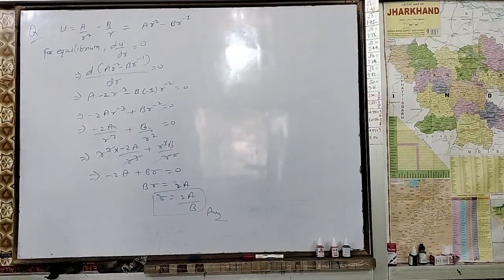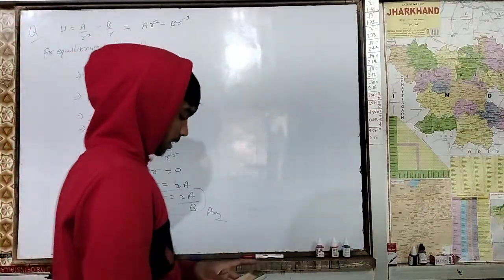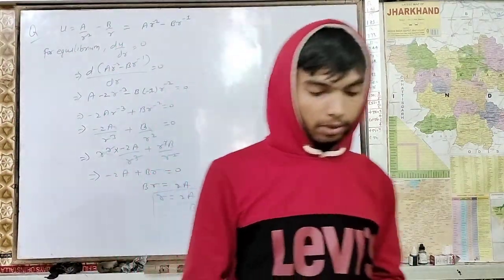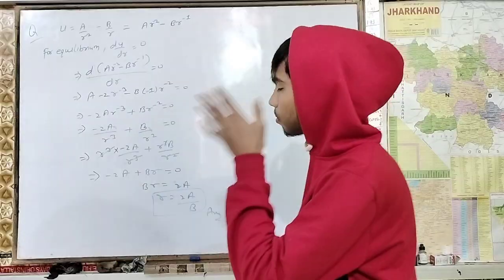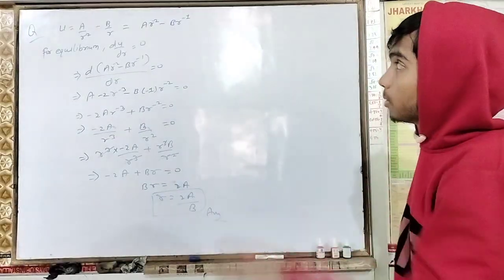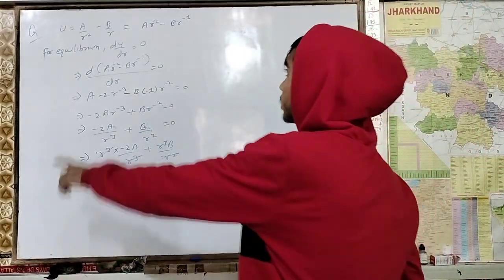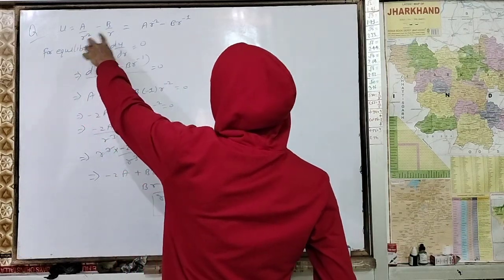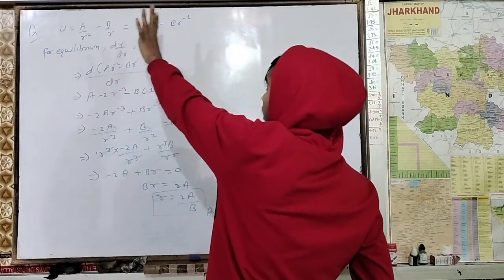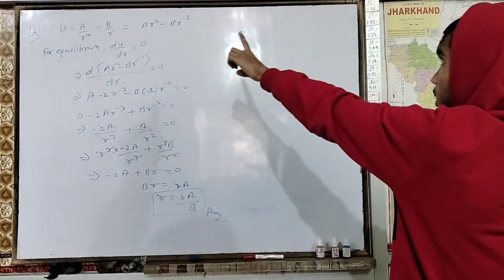Look over here. Potential energy of a particle in a force field in a circle was given, which is A upon R raised to power 2 minus B upon R. We just simplified this. We removed the fraction, so this became AR raised to power minus 2 minus BR raised to power minus 1.